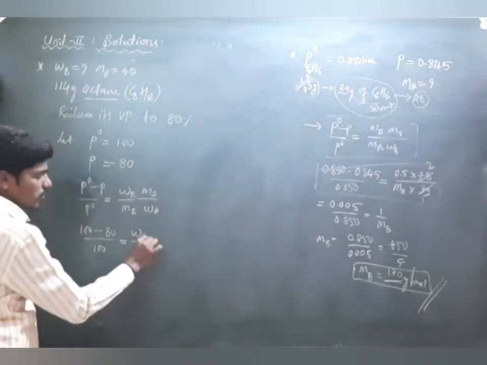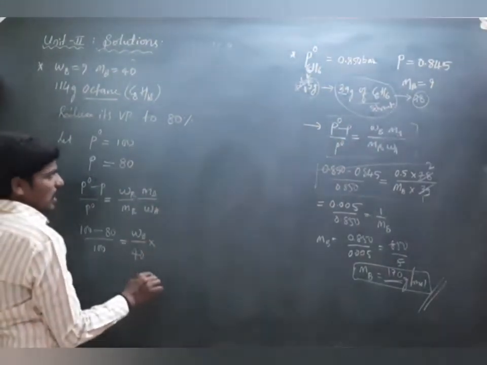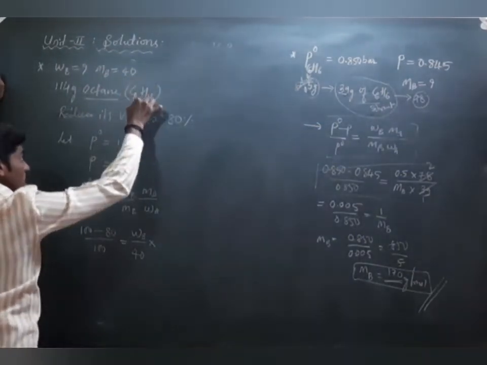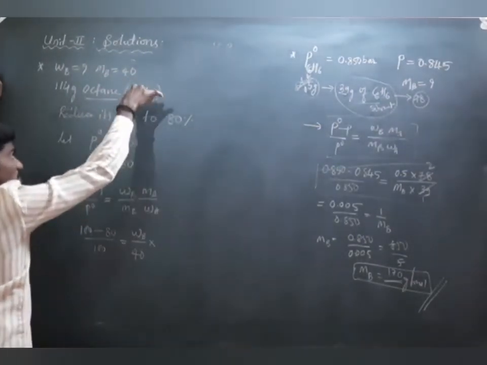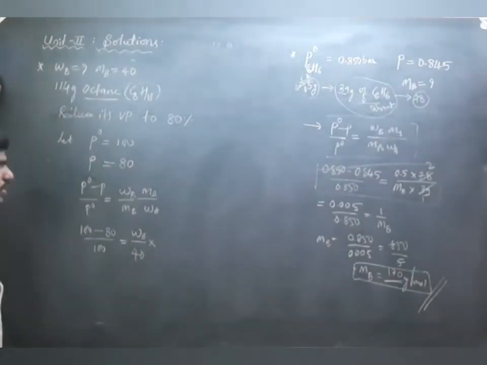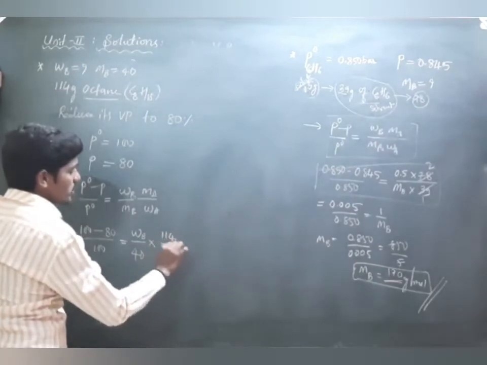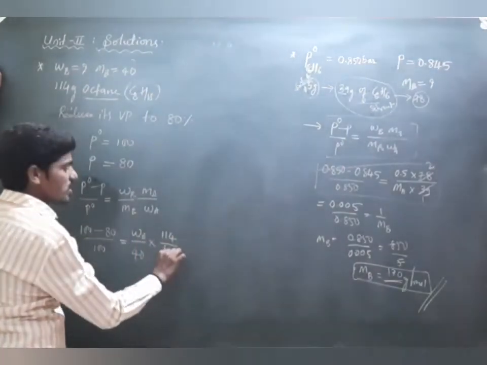MB value is 40. Molar mass of octane: how much is it? 8 into 12 plus 18, that is equal to 114, divided by the given mass, which is also 114.